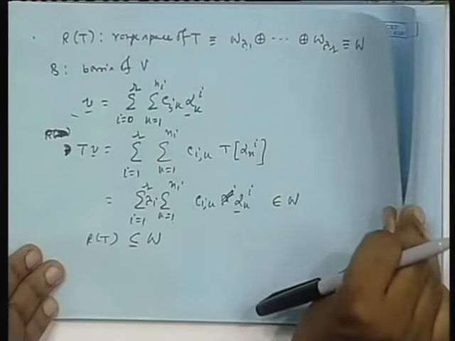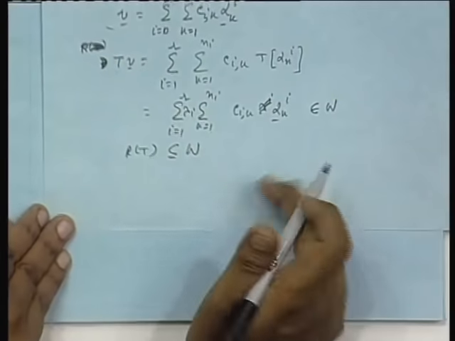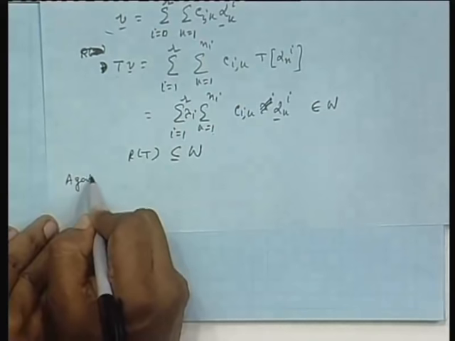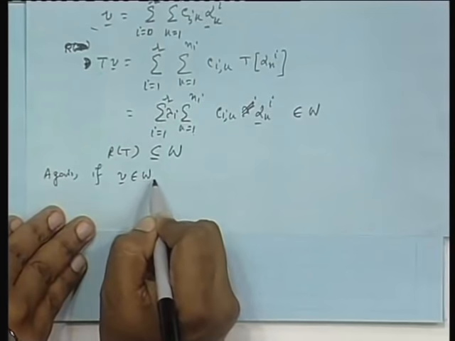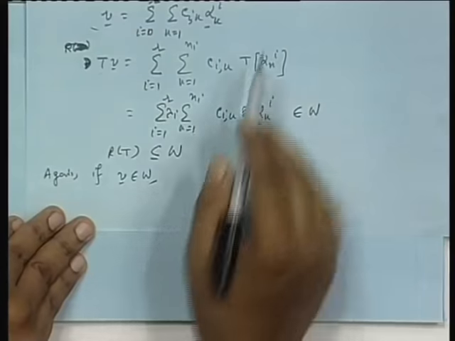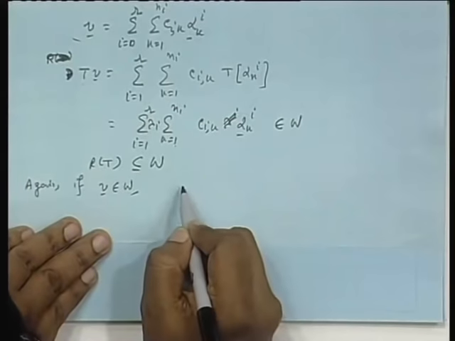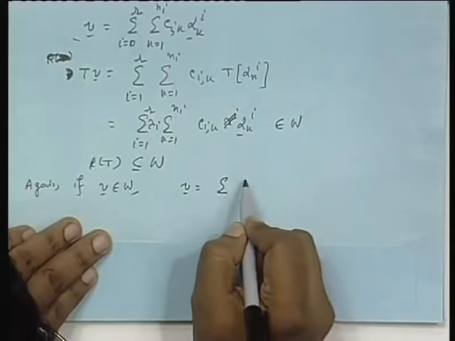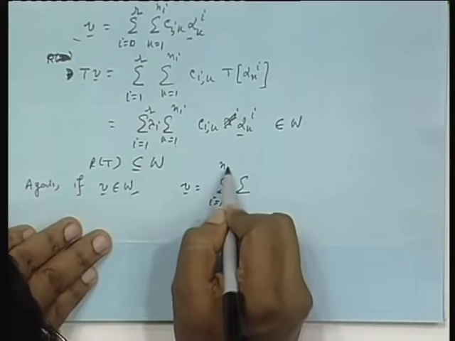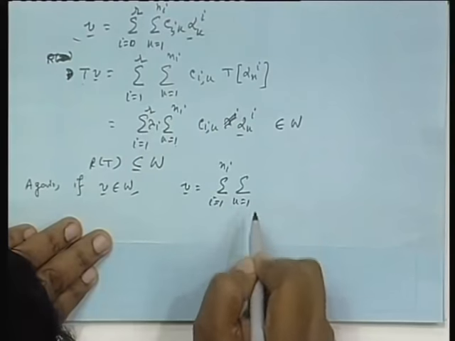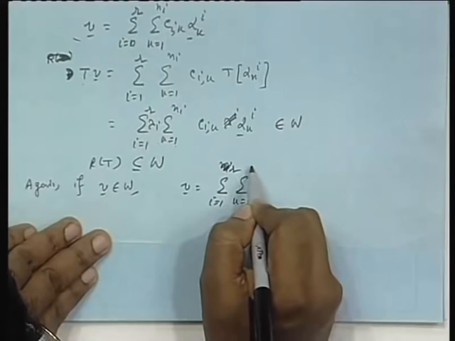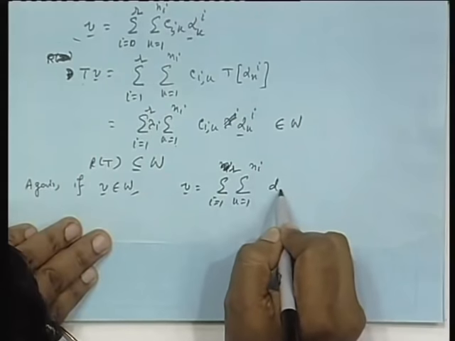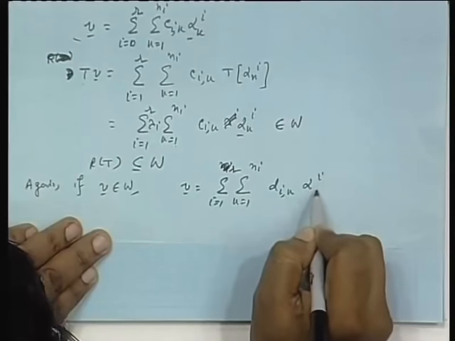On the other hand, if v belongs to W, v will be a linear combination of those basis vectors. v should be the sum over I equal to 1 to r, k equal to 1 to n I, with maybe some other coefficients d I k, alpha I k.